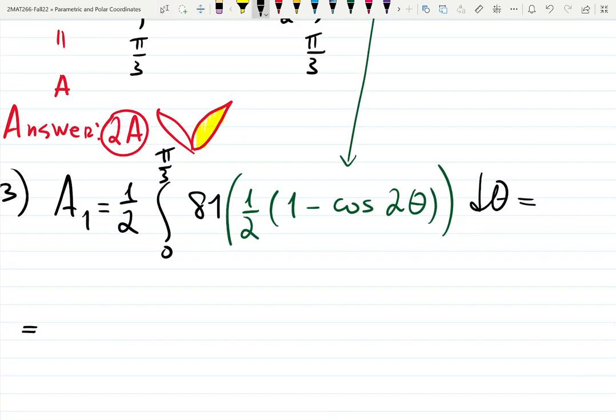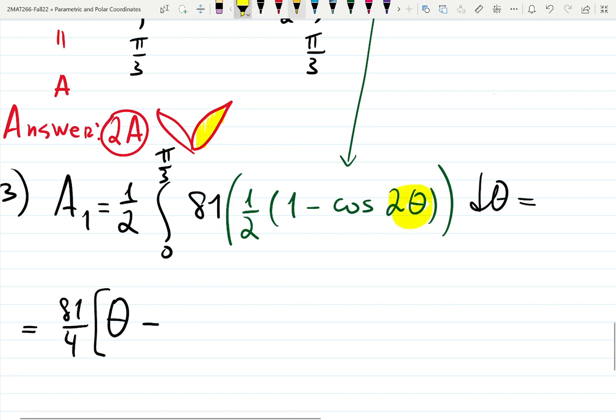So 1/2 and 1/2 actually gives you 1/4. So it's 81 over 4. 1 gives you theta minus, and then this is your substitution to theta. I know a shortcut. Integral of cosine is sine, right?